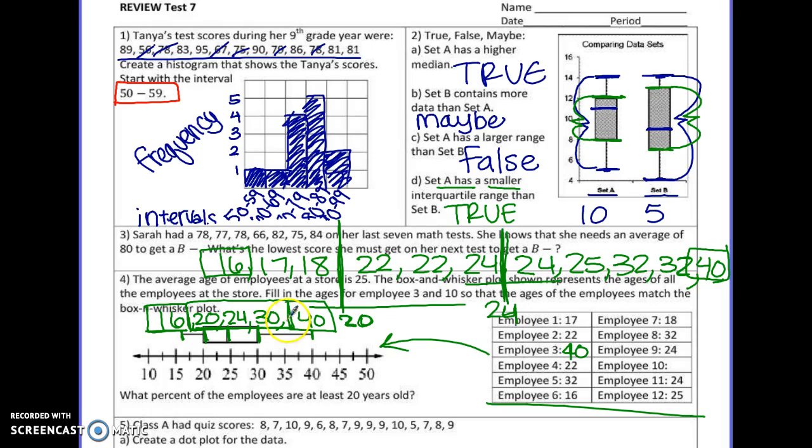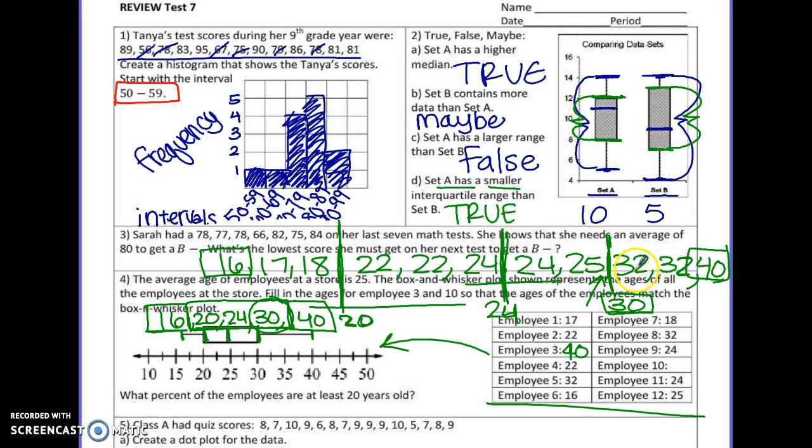And then I need the other middle number to be 30. So I would have to have 3 numbers and 3 numbers. I'm missing a number in this section right here. It needs to be 30 for the middle. So I need to add in a number right here so that the middle number between the two numbers is 30.